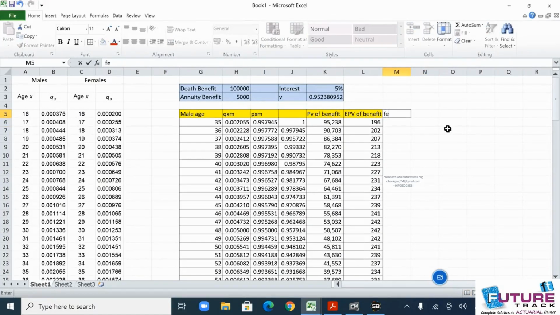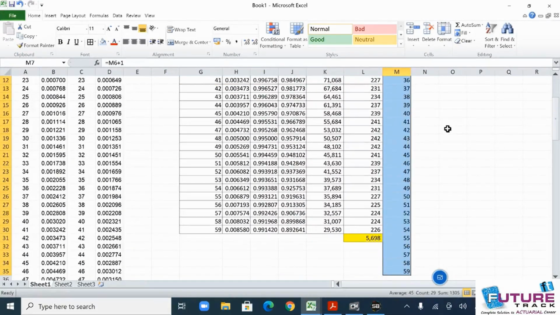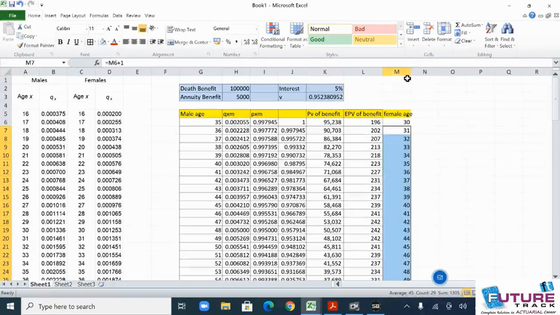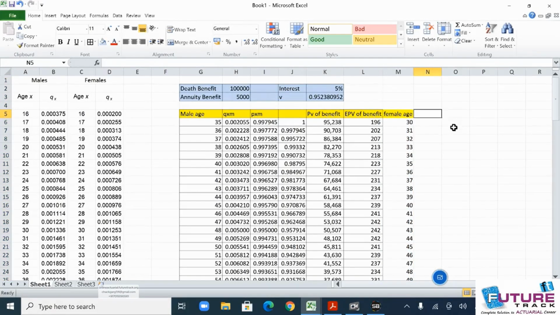So class, we are given that the female age is 30. So plus 1, and Q59, for female 59 we have to write. Now class, first we have to find PX. So PX is 1 minus QX, and female age 30.